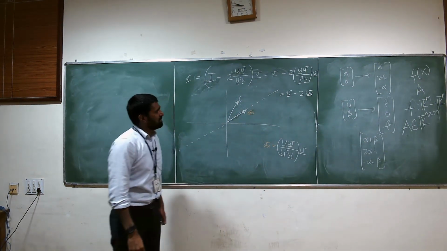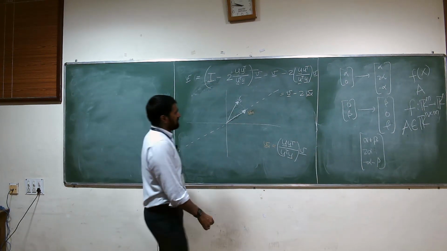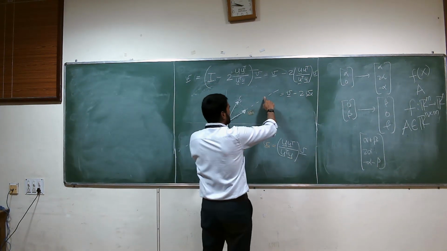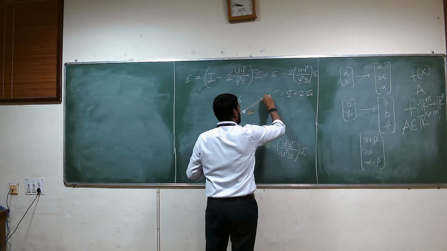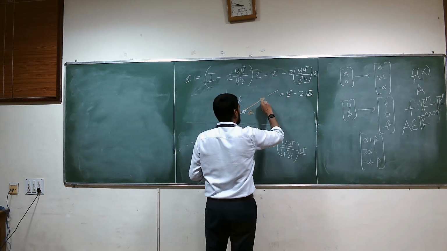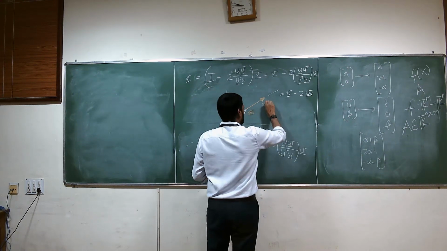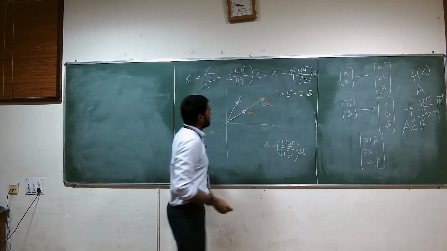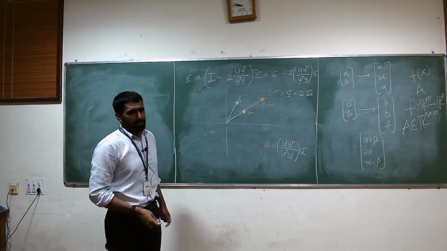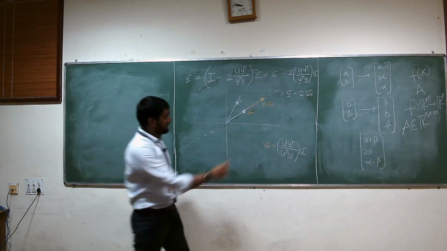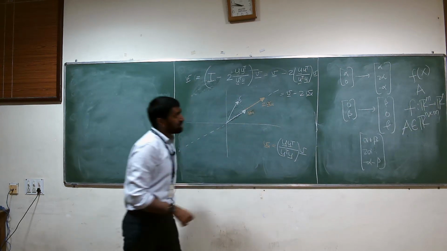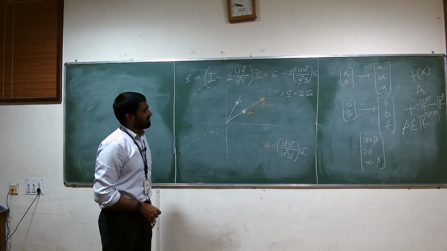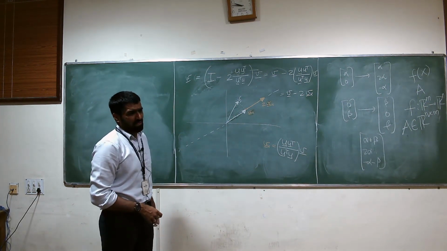What do we do now? Well, 2 times uv, that's here. But we have to find out v minus 2 times vu. How do we find that out?